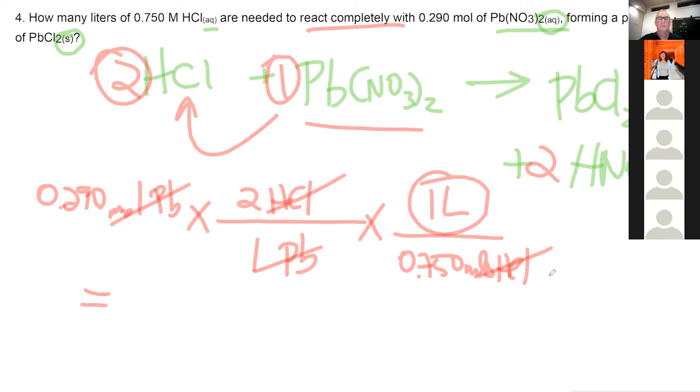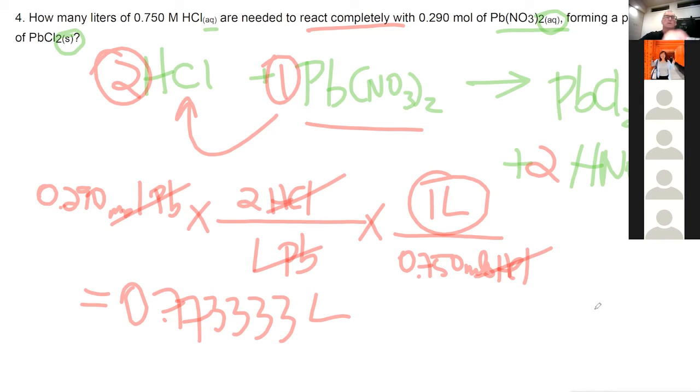So what's my final answer? I got 0.773333 liters. That's a lot of threes. Liters, right. You always want to look for the unit. So how many significant digits do we have? There should be 3, from the molarity and the moles.